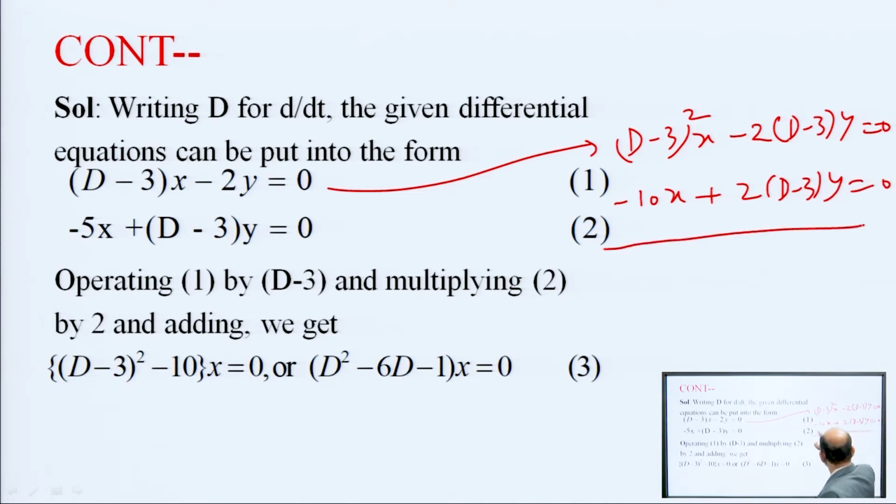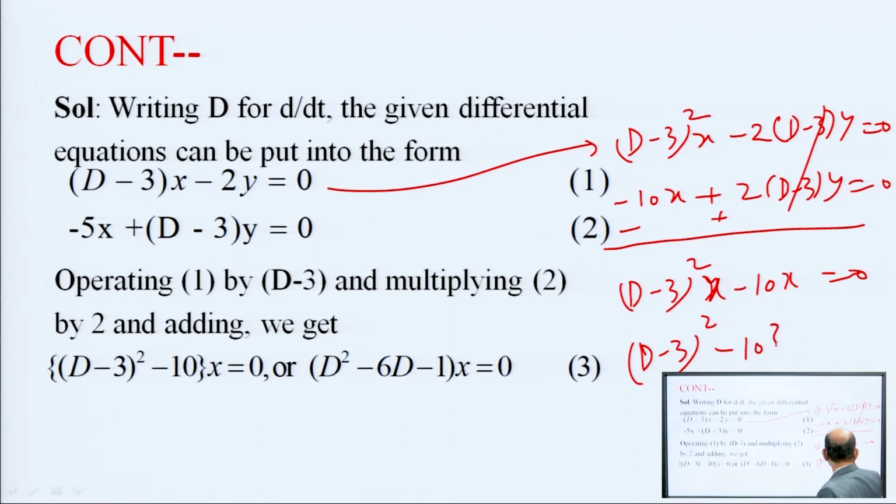Adding, it is minus, it is plus, it cancelled out, we get D minus 3 whole square x minus 10 x is equal to 0, means D minus 3 whole square minus 10 x is equal to 0.